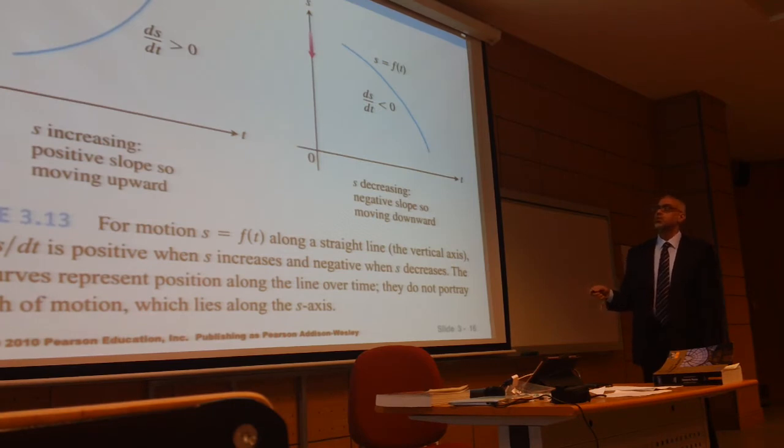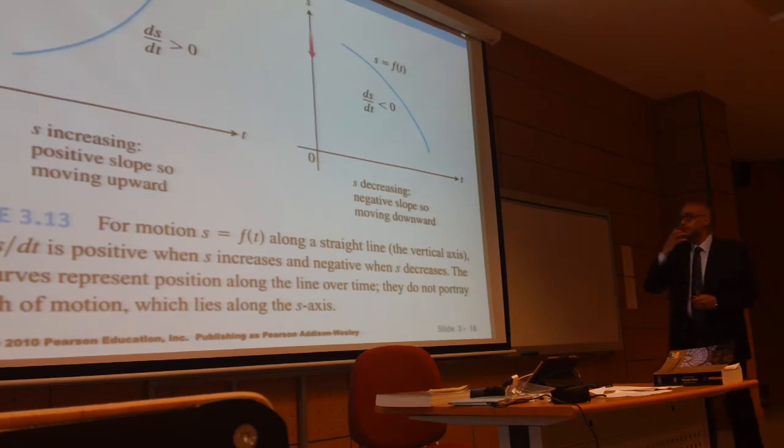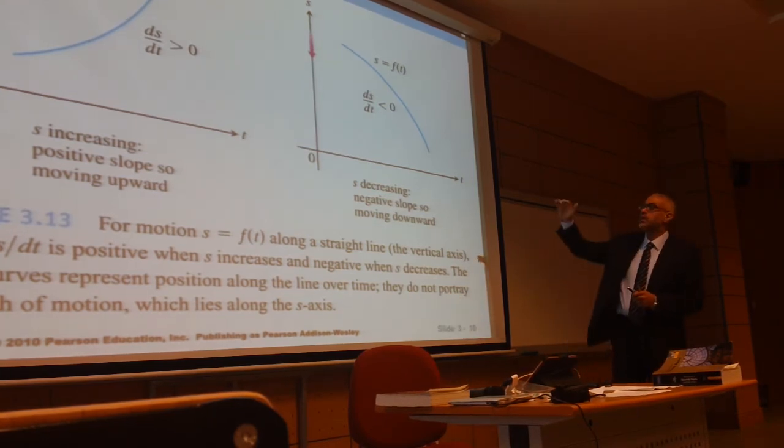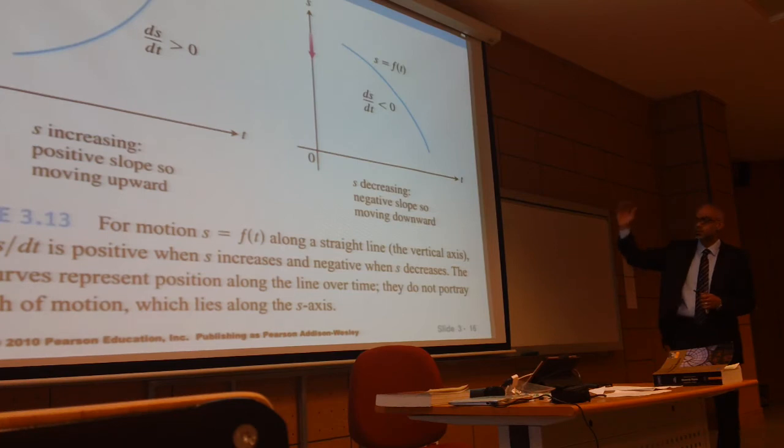For this type of movement, the position S, which is the magnitude of the distance from the origin that I'm measuring, is increasing with a positive slope. If the slope is positive, I'm moving away. If the slope is negative, I'm moving towards.